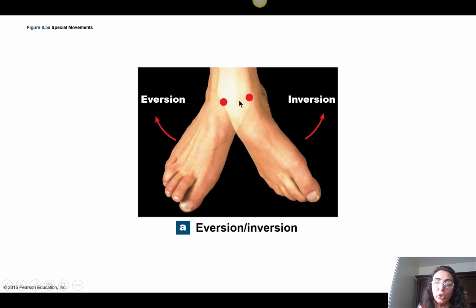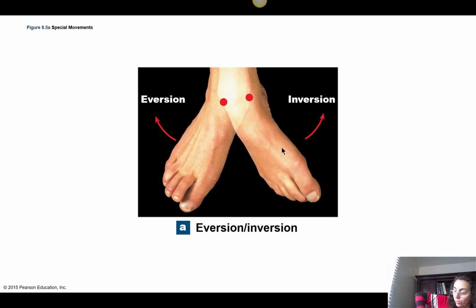So for the inversion, as you see, it happens between the ankle and the foot here. Imagine this is the leg and this is the foot.